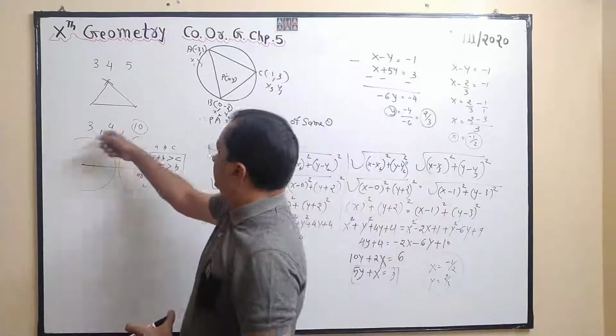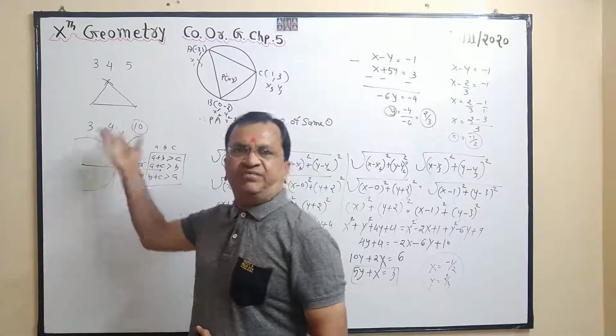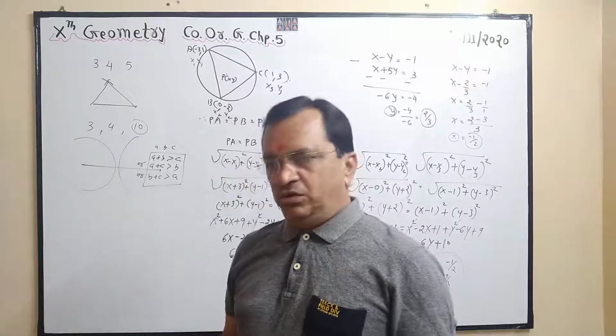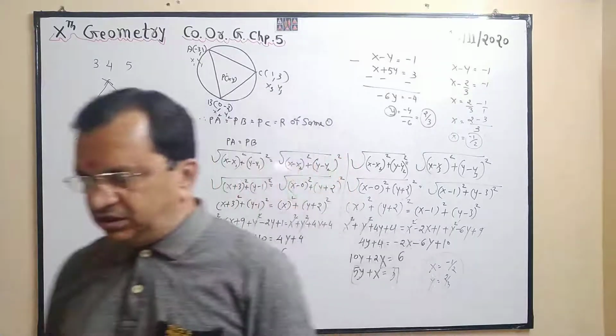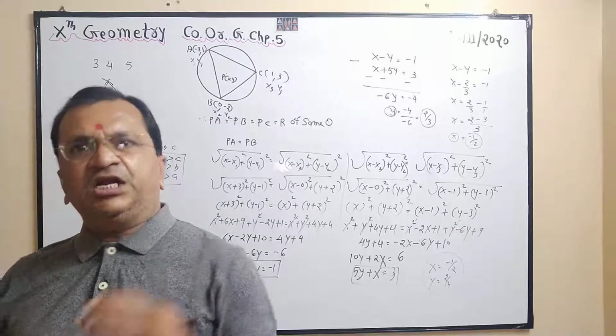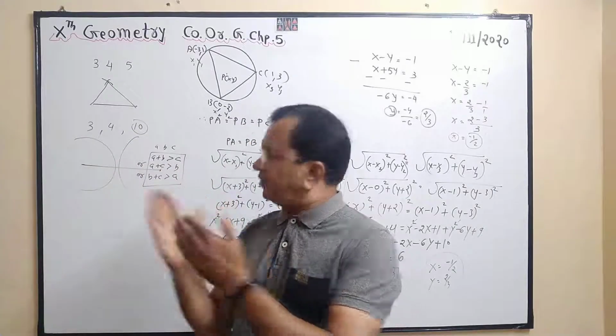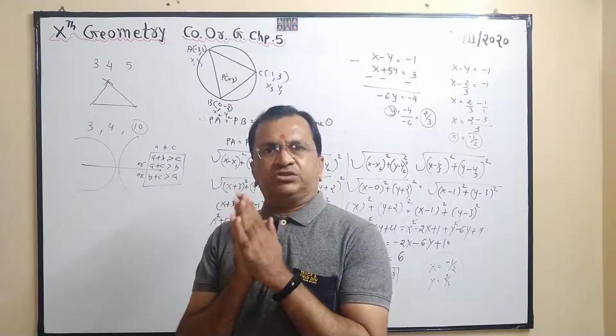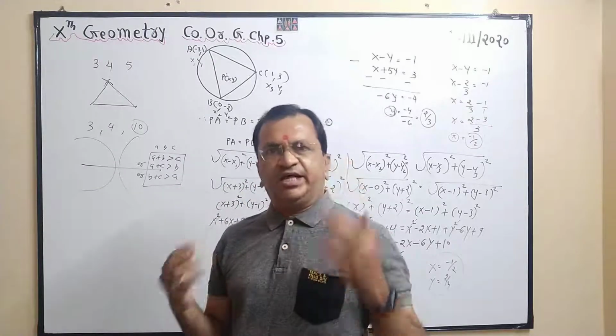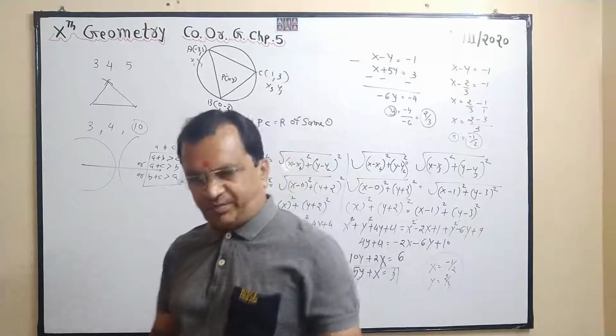That is why it is 10 and this is 4 plus 3, 7. 7 is not greater than 10. So in this you have to take the 3 different sides and find whether the sum of two sides is greater than the third. Then the triangle is possible, otherwise it is not possible.